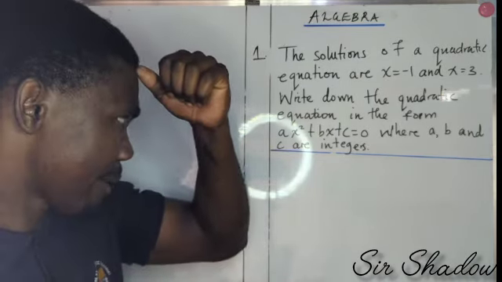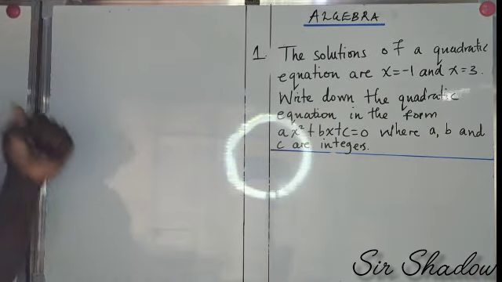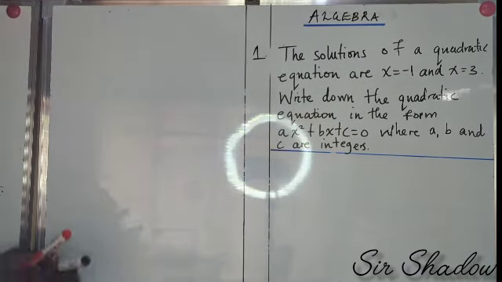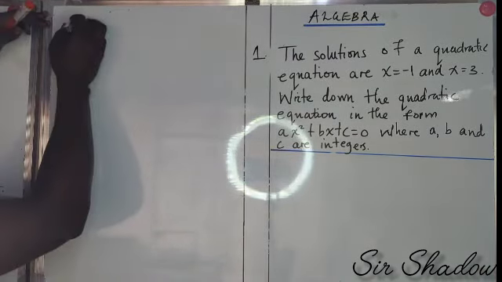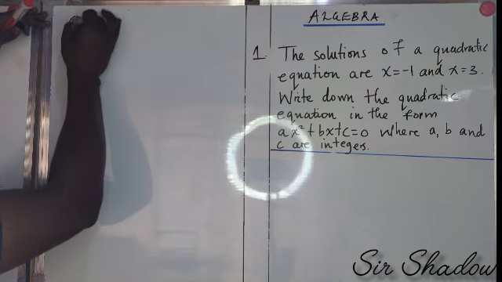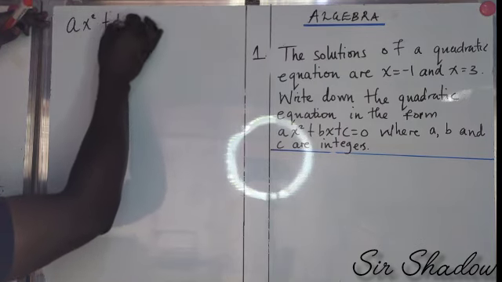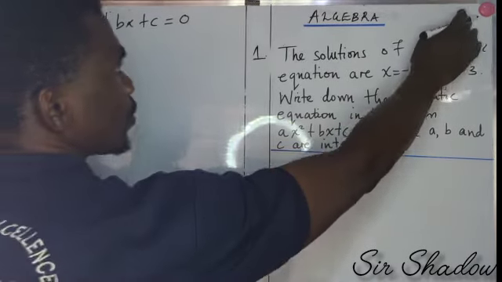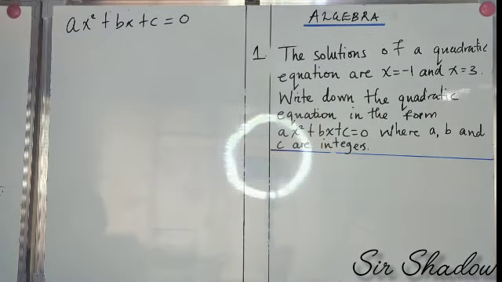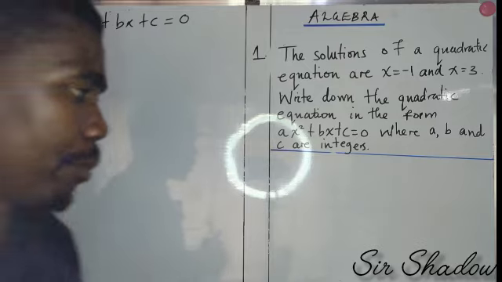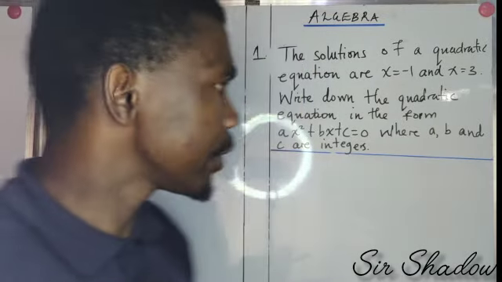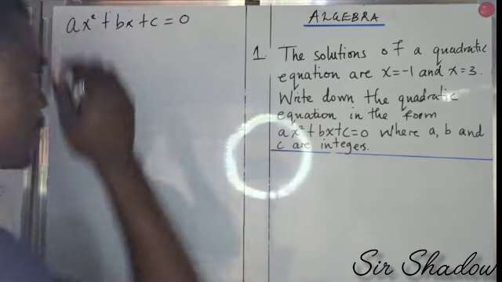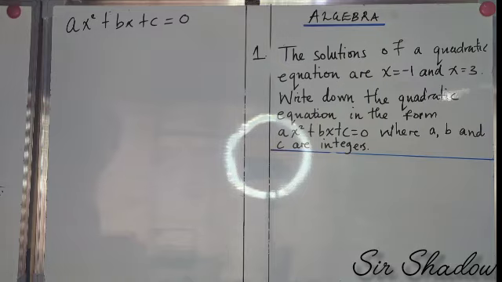Just remember, we were told that we have to leave our answer in the form of a quadratic equation, which is ax squared plus bx plus c equals 0. This is the form in which the quadratic equation is expected to be.